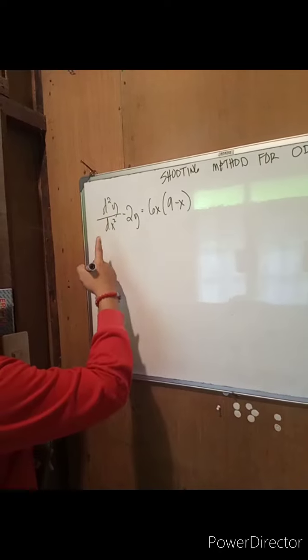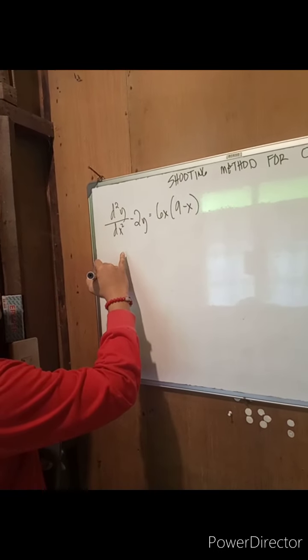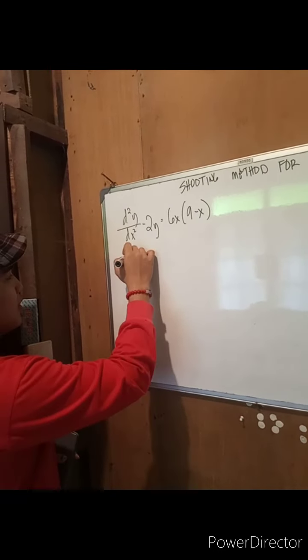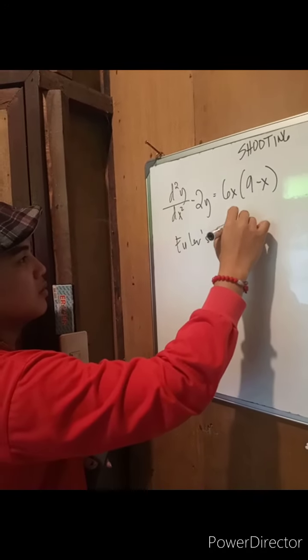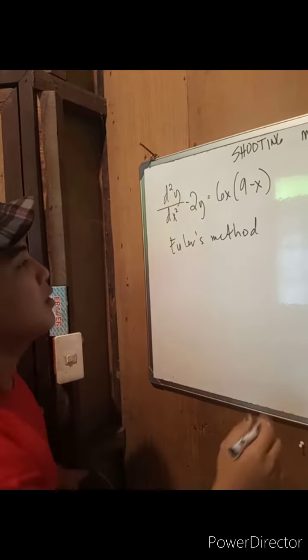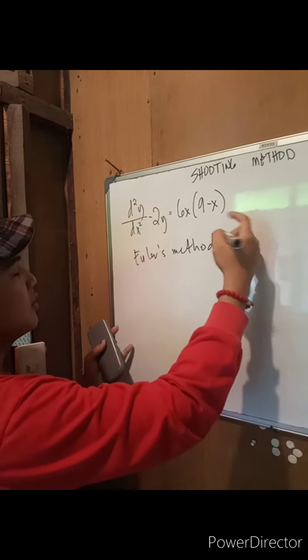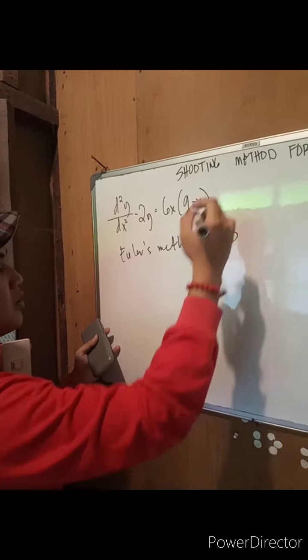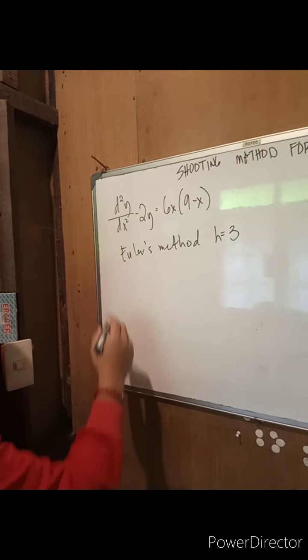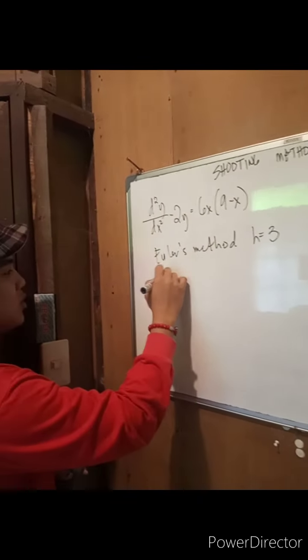Ngayon naman is, alam naman natin diba na ang gagamitin natin siya ng Euler's method na meron siyang step size or h natin is equals to 3. So, ganito magiging itsura niya.